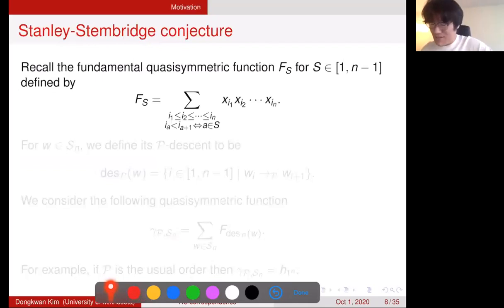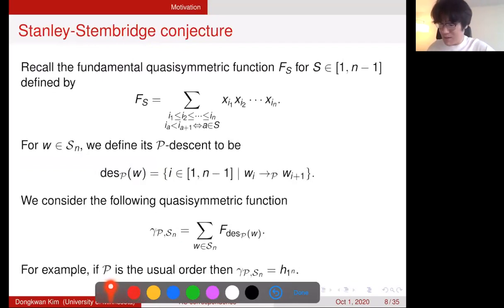So recall the fundamental quasisymmetric function. If you have a subset of this interval 1 to n minus 1, then it gives you the places where your index should jump.